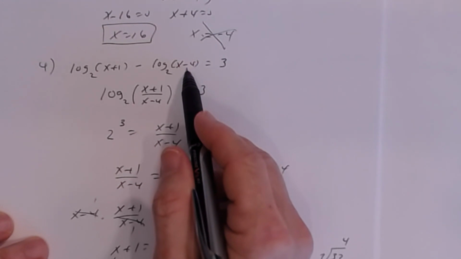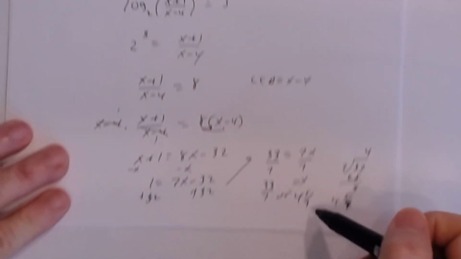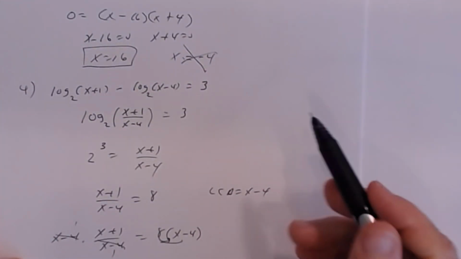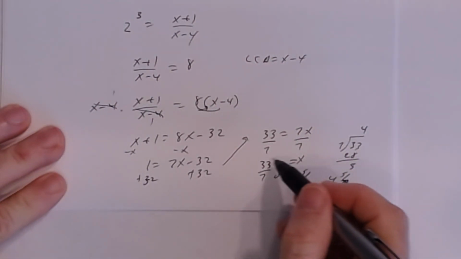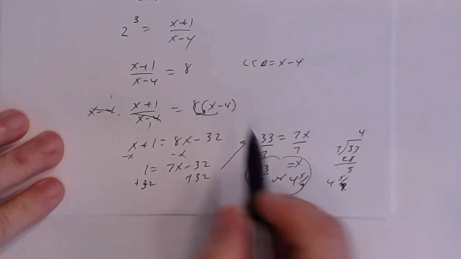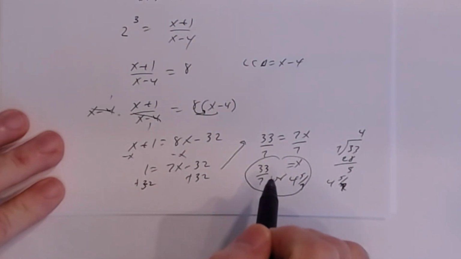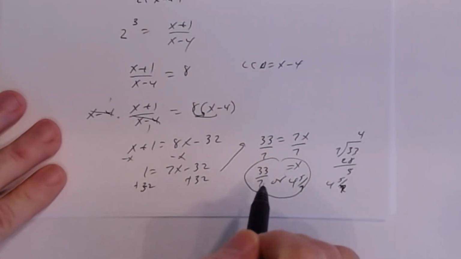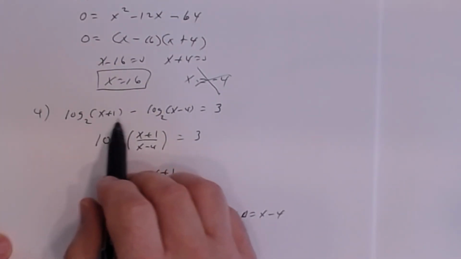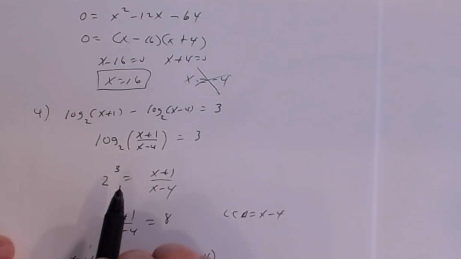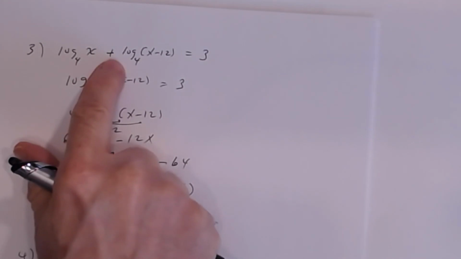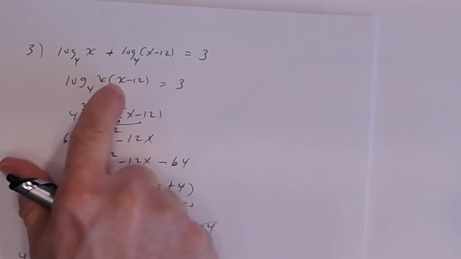Yes, it is. It's 5 sevenths. So it's still positive. So this is it. This proposed solution will work. As long as you did the algebra correct, then all you have to do is check this into the argument. The argument must be positive. All right, so that's number 4. So notice addition becomes multiplication.